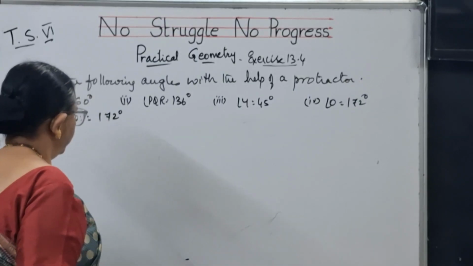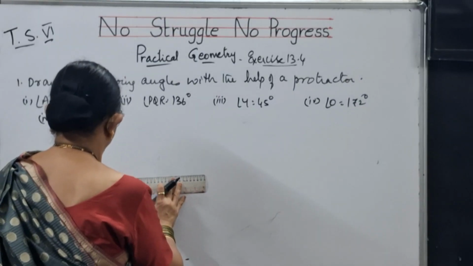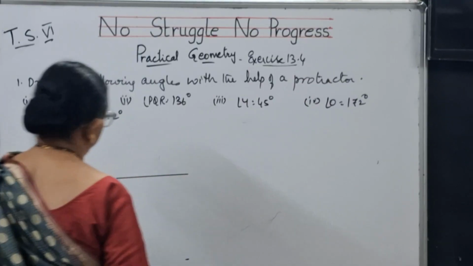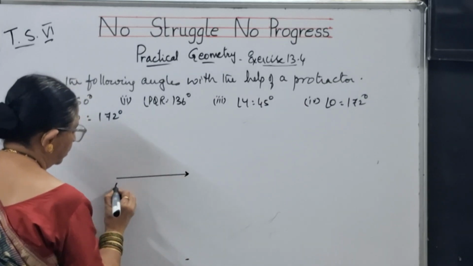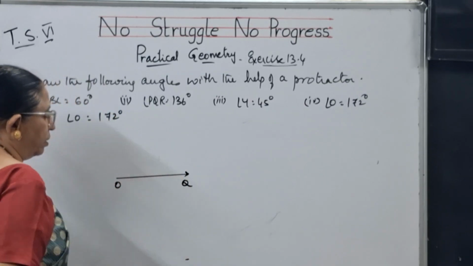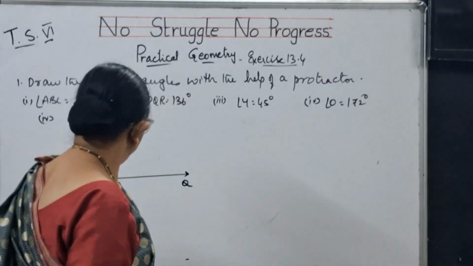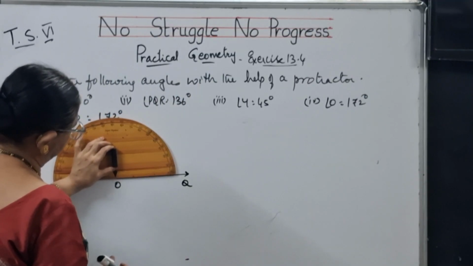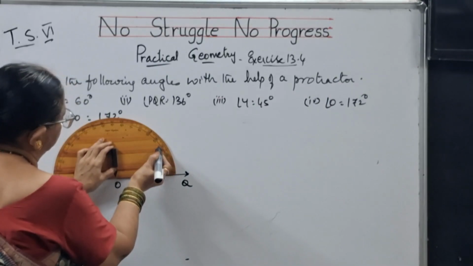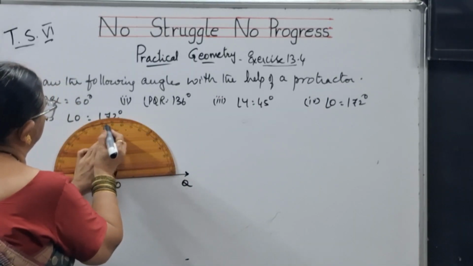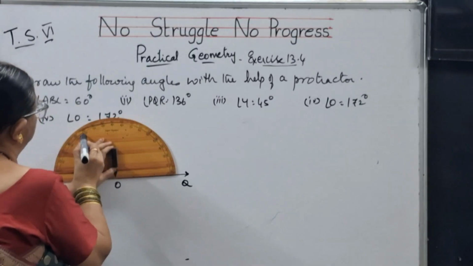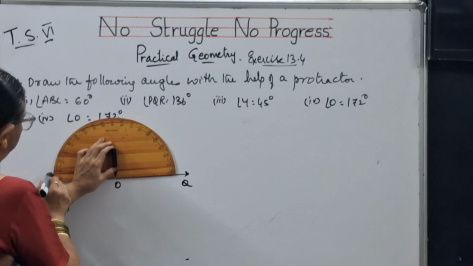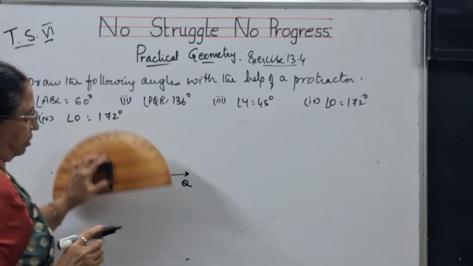So let me draw a ray OQ. Now O as center, I should keep the protractor 172, 0, 10, 20, 30, 40, 50, 60, 70, 80, 90, 100, 110, 120, 130, 140, 150, 160, 170, 172 is here.